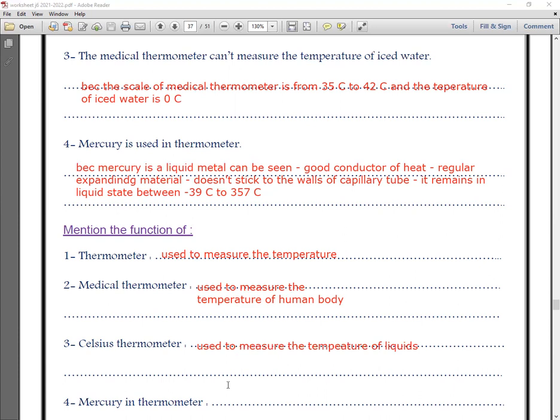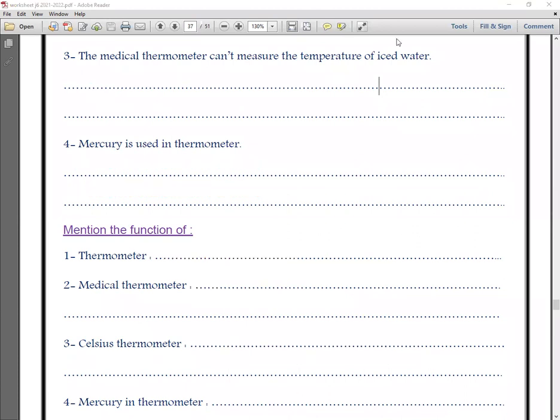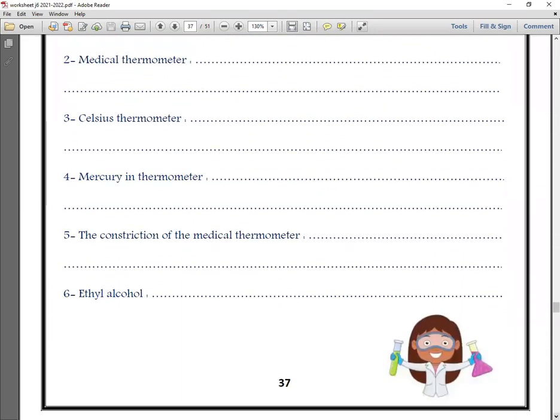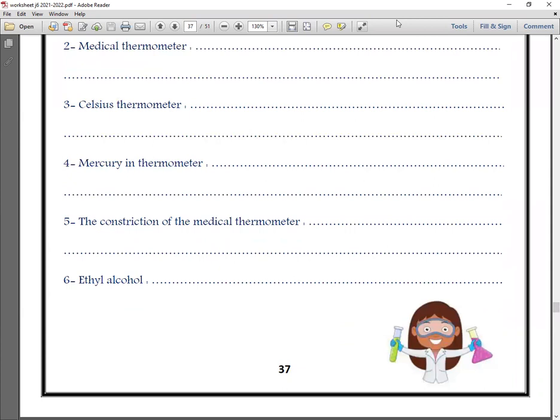Number 4, mercury in thermometer. The mercury inside the thermometer is used to make the thermometer.